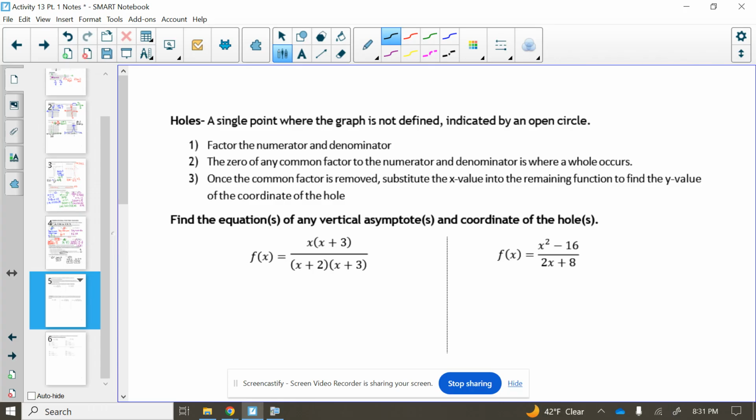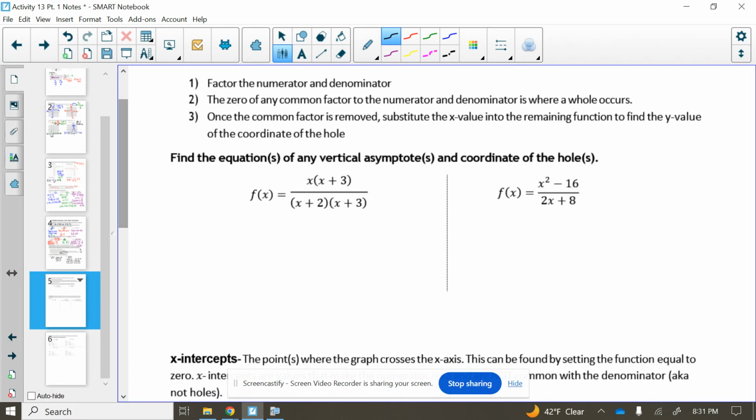Our holes then are going to occur when we factor the numerator and the denominator, and these are the pieces that do cancel out. So any of the pieces where they cancel is going to be the hole, and then to find the y value, you will plug that x value back in.